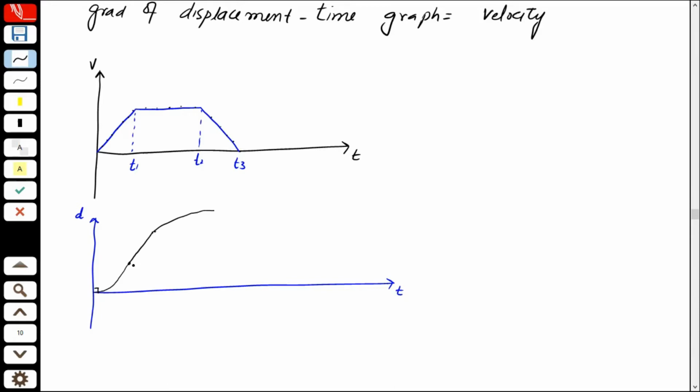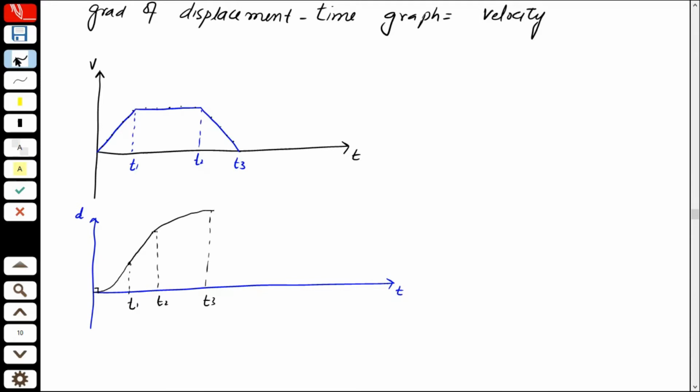Up to t1, the gradient of this displacement time graph is increasing as velocity is increasing, and from t1 to t2 the gradient is constant as velocity is constant. From t2 to t3 velocity is decreasing, so the gradient is decreasing and becomes zero over here.